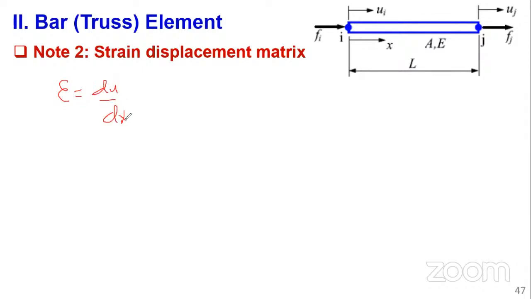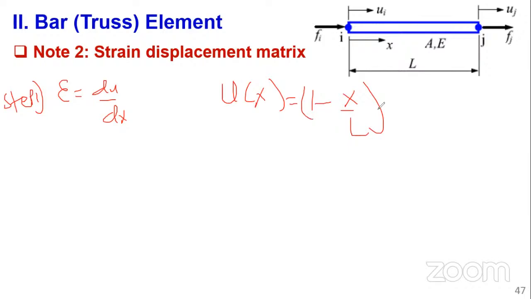I think it was in the previous two slides, in step number 3 of this formulation of finite element in the example that we are having. There we expressed our displacement function u of x as equal to (1 minus x over L) u1 plus (x over L) u2.